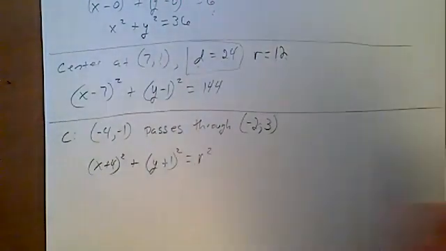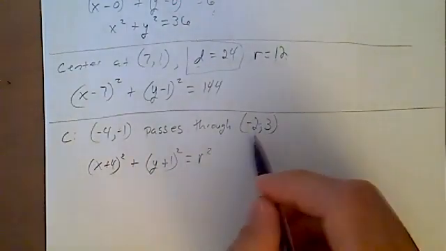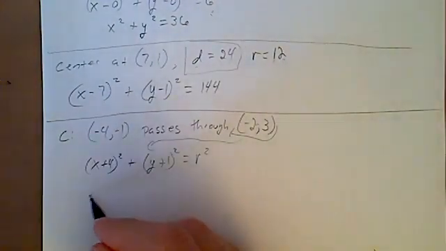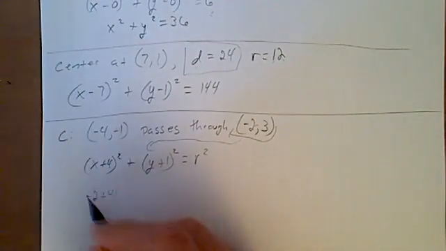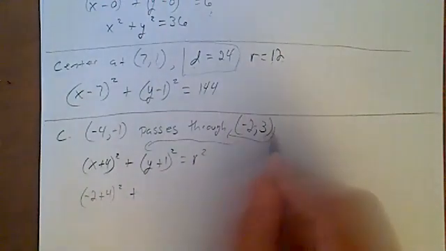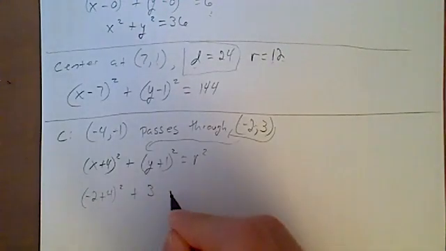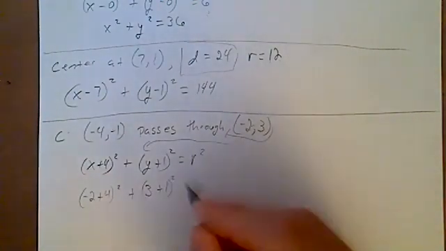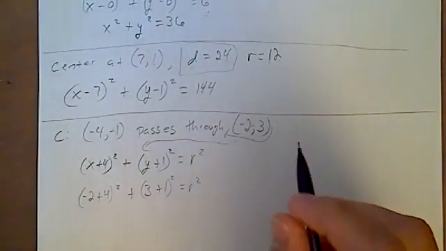So let's call it r squared. And then we're going to plug in this point for x and y. So we have -2 plus 4 squared plus 3 plus 1 squared equals r squared.